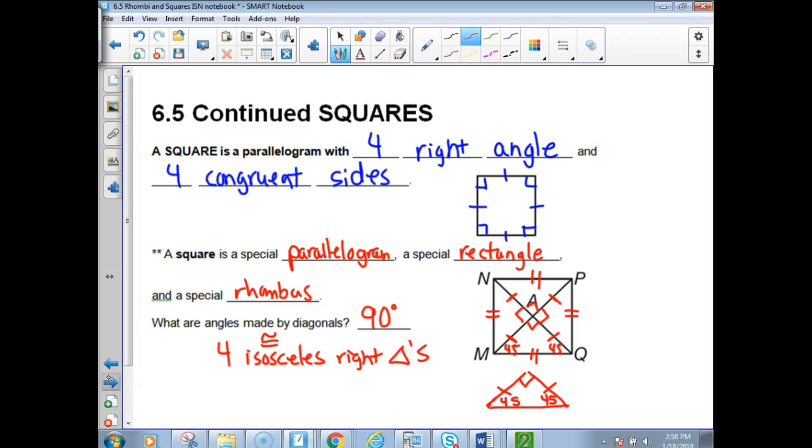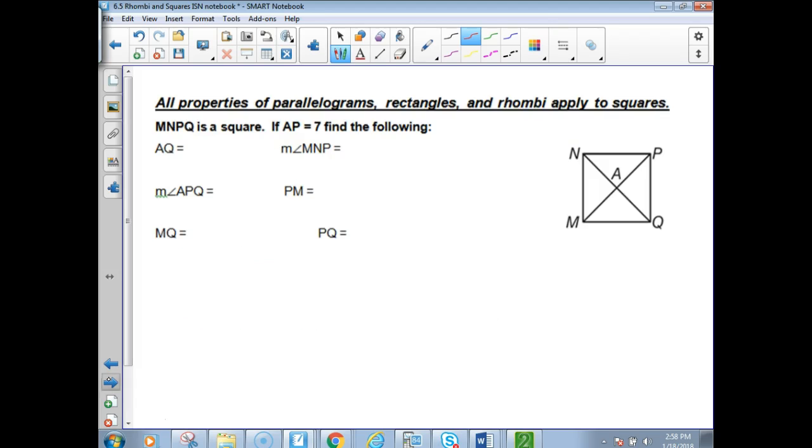Okay, so now I'm going to flip to the next section, which is asking us to find some parts. All properties of parallelograms, rectangles, and rhombi apply to squares. MNPQ is a square. AP is 7. Find the following. If that's 7, this is 7, this is 7, and this is 7. Okay, so let's answer some questions. A to Q, 7.